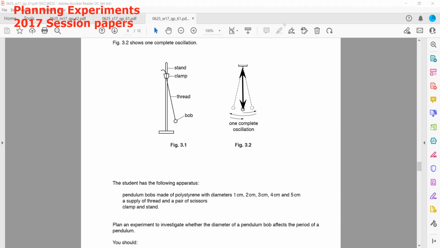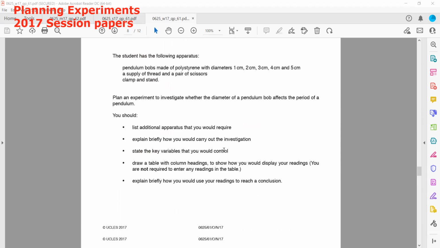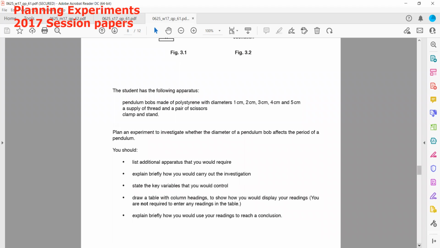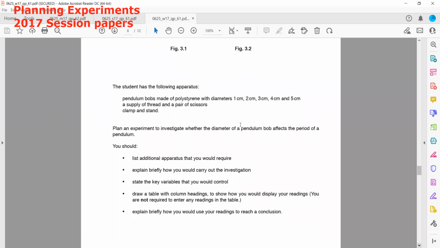For that purpose, we need a meter rule. So the additional apparatus we need for this experiment is a stopwatch to measure the time, and a ruler or a meter rule to measure the length of the pendulum.